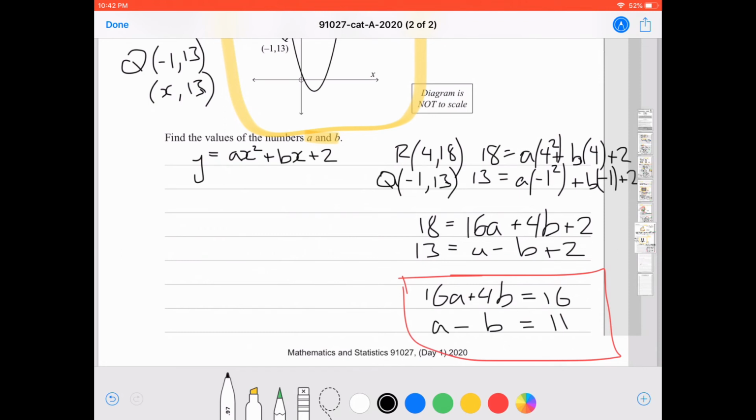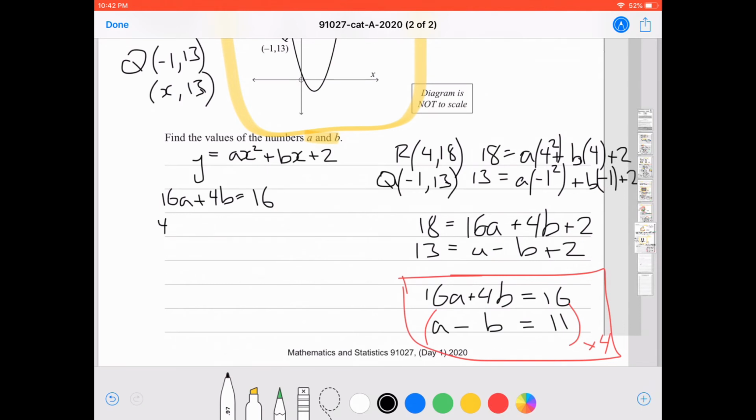Either works, but in this case I'm going to use the elimination method. So our first equation remains unchanged, 16a plus 4b equals 16. Our second equation, we're going to multiply the whole equation by 4.